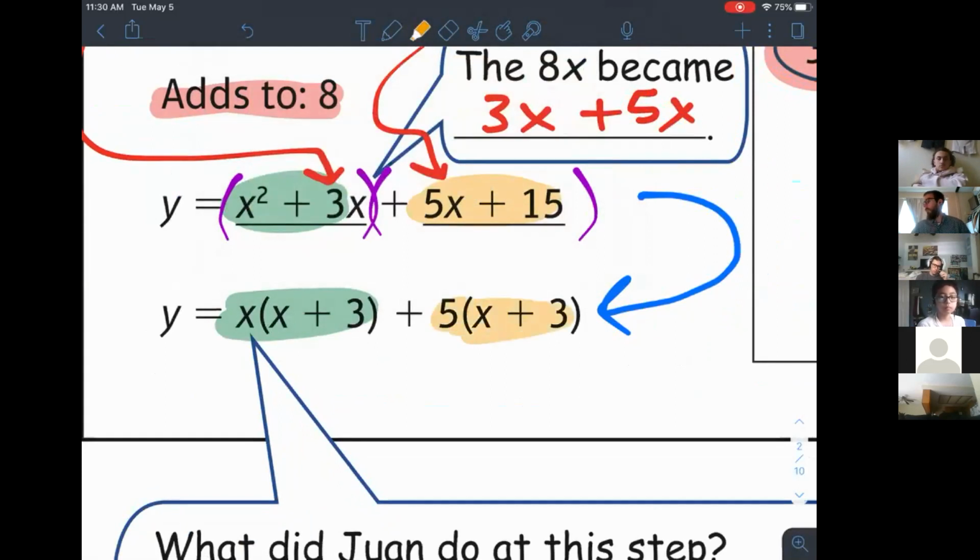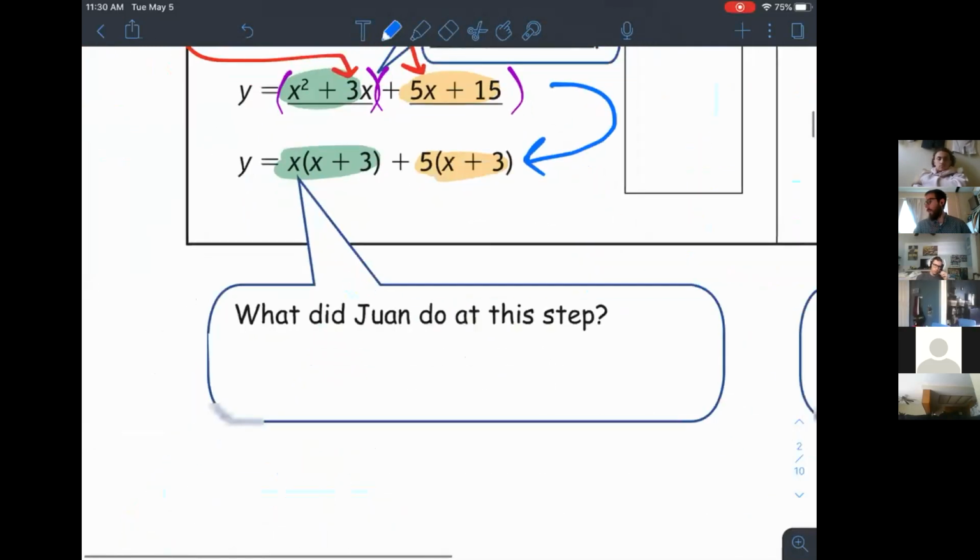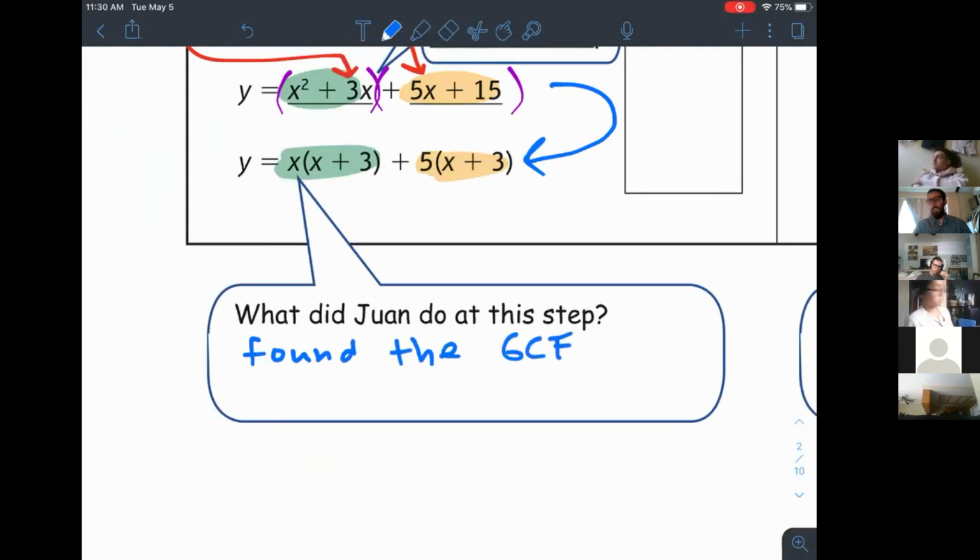So he took the 5 out of 5x, notice it's just x now, and he divided 15 by 5, and he got 3. So what did Juan do? He factored, he found the GCF, and factored it out. And keep in mind, GCF is just an acronym for greatest common factor.